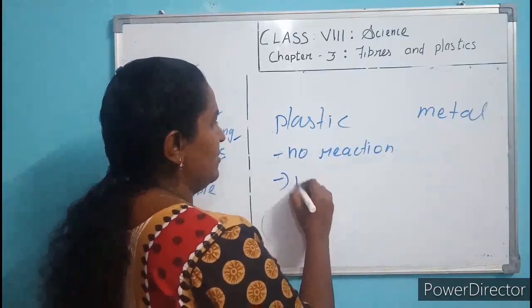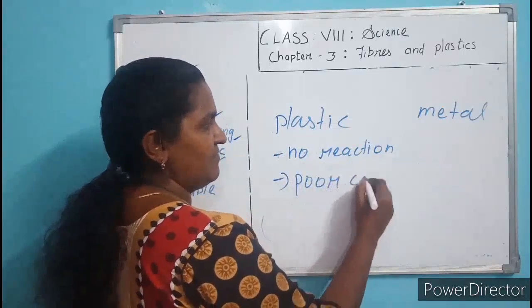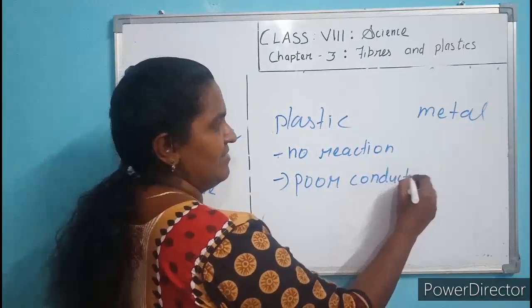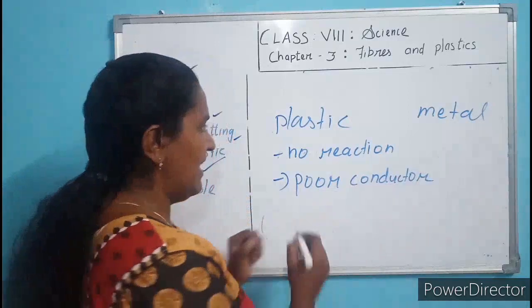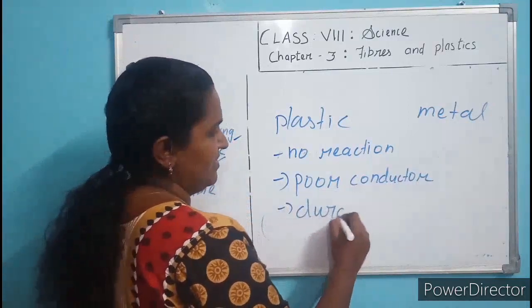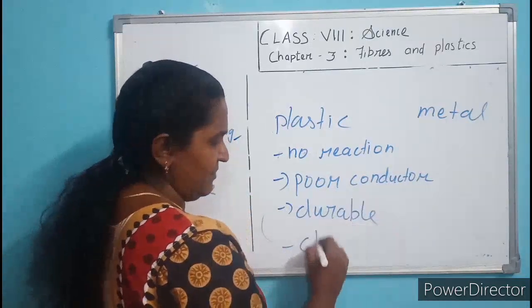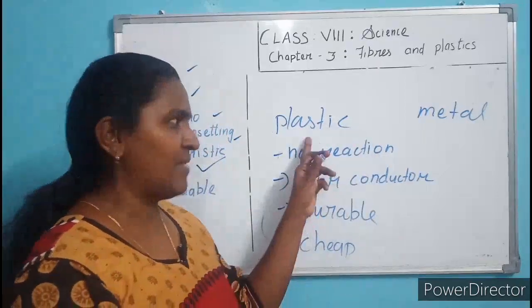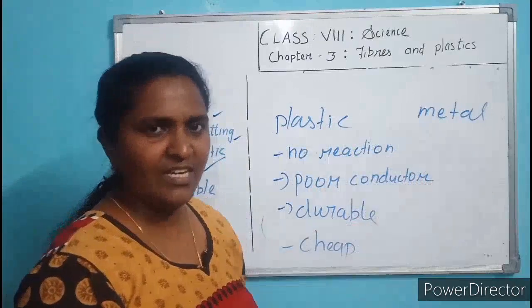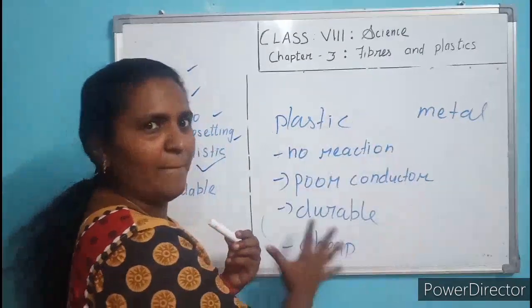And it is a poor conductor of electricity. Okay, metal is a good conductor of electricity, and it is durable, it is cheap. So due to all these reasons, people prefer plastic rather than metal. Okay, these are the characteristics of plastic.